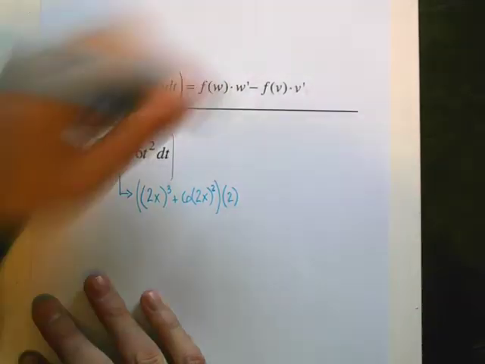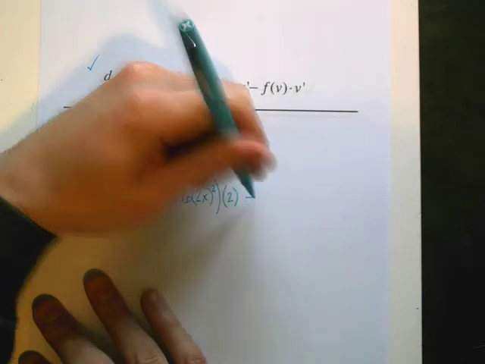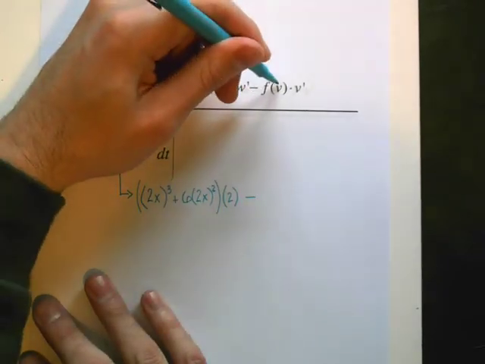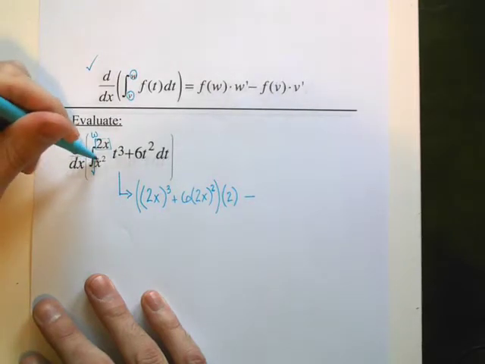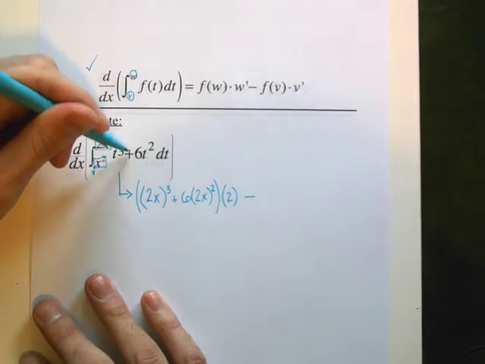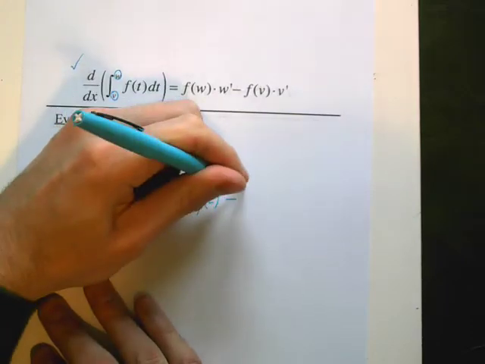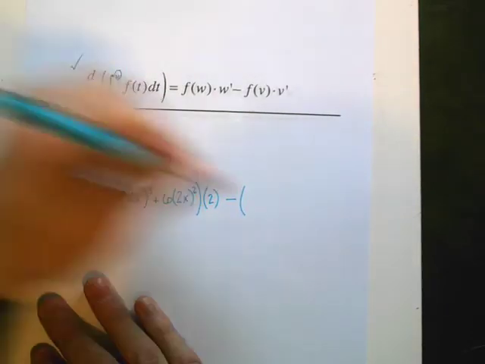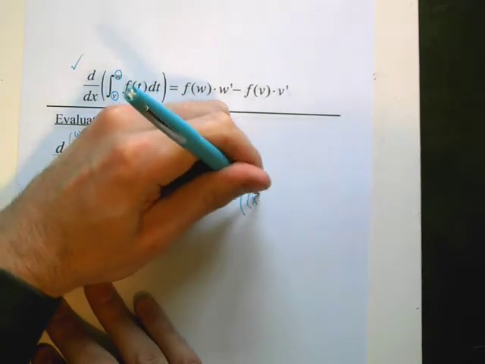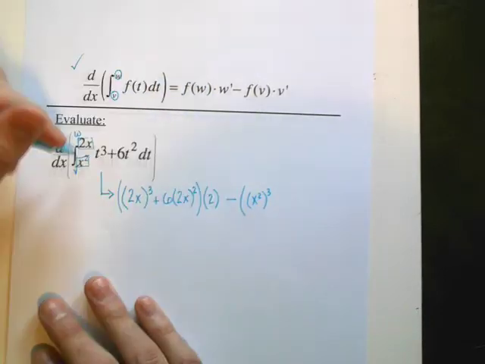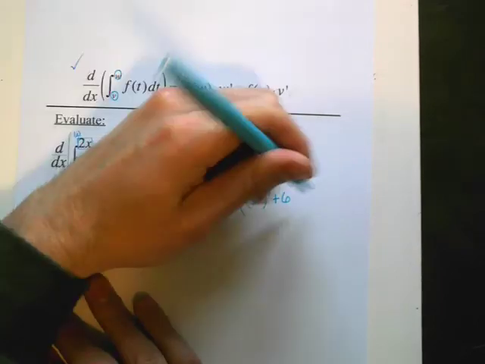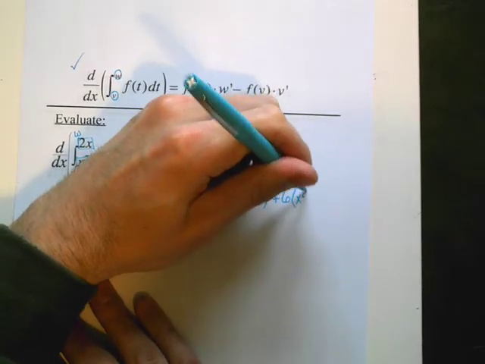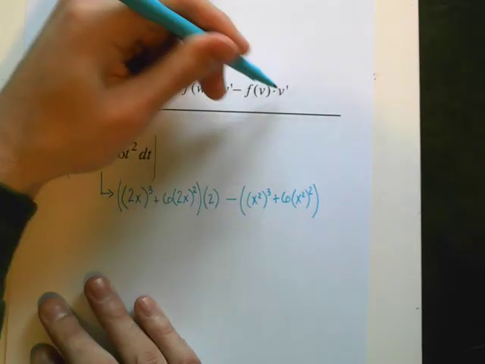Now minus f of v. So I take v, whatever that is, which is right here, and plug it in for t. So now I'm going to write, instead of t to the third, x squared to the third plus 6, instead of t squared, x squared squared, times v prime.